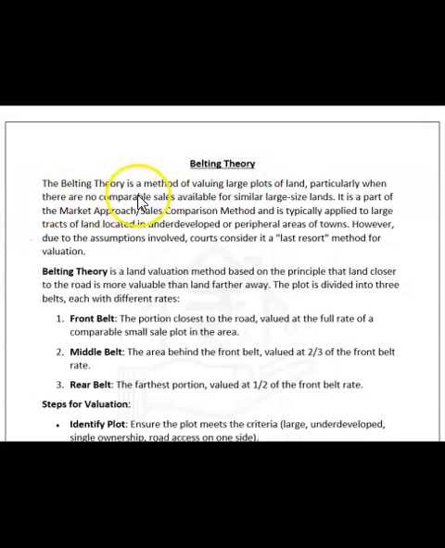The belting theory is a method of valuing a large plot of land, particularly when there are no comparable sales available for smaller or large size land. It is part of the market approach, the sales comparison method, and is typically applied to large tracts of land located in underdeveloped or peripheral areas of towns.